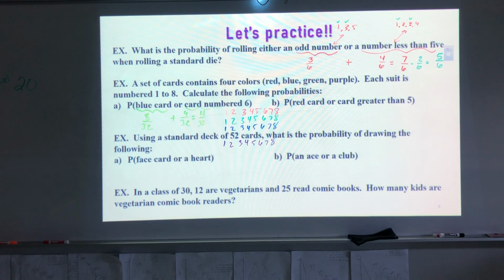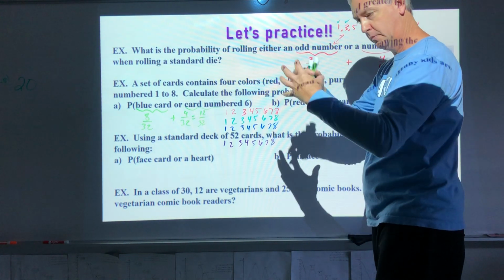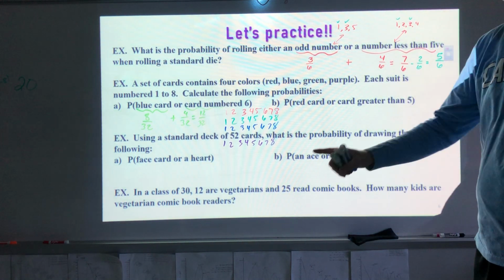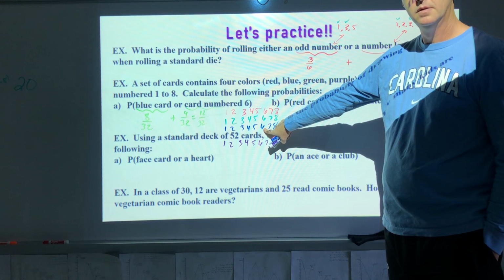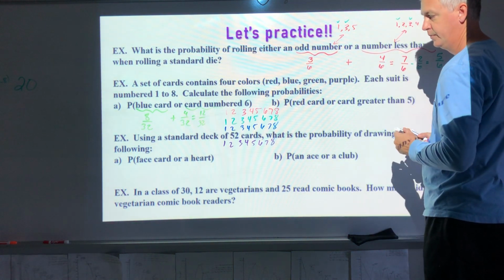Let's talk about the overlap. Overlap is any cards that are blue and numbered 6, right? So the overlap is the combination of these two in one clump. And the answer to that is, yeah, we do. We have a blue card number 6. We have one of them right here. That's it. One thing I like to do sometimes is circle.